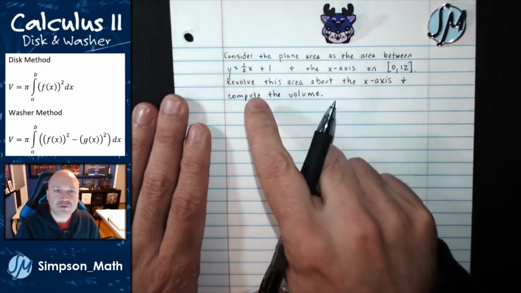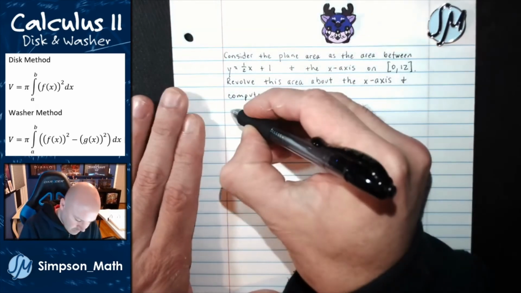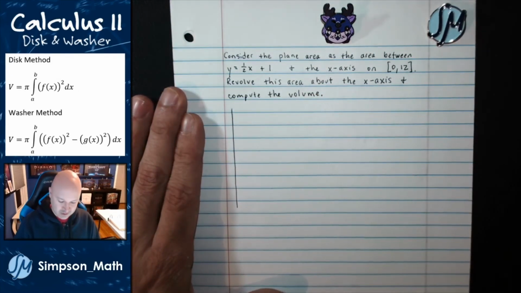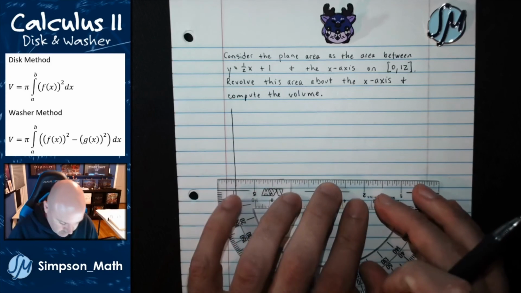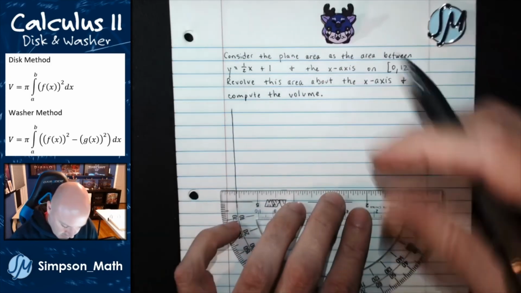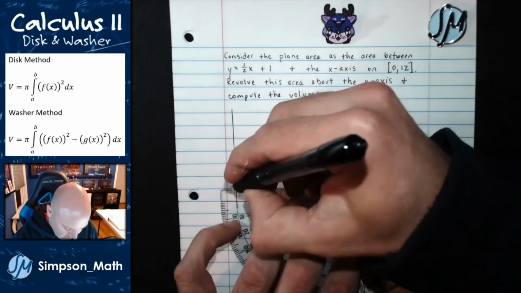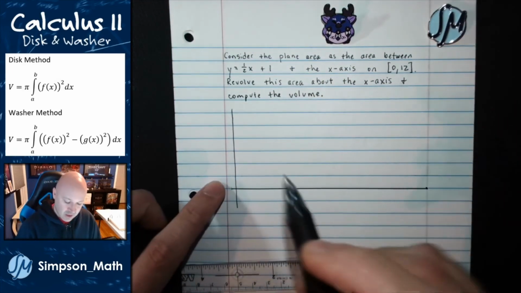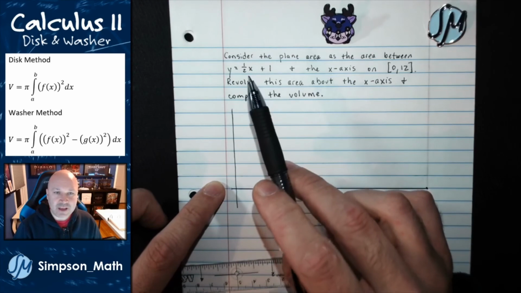All right, let me just draw this line real quick. I have a ruler. I'm not sure why I'm not using it. Let's see. Something like that. Looks like I need to go all the way out to 12. Line 1/2 x plus 1.